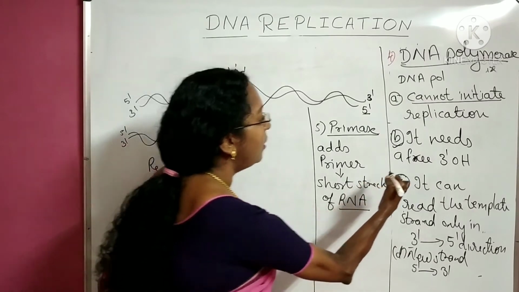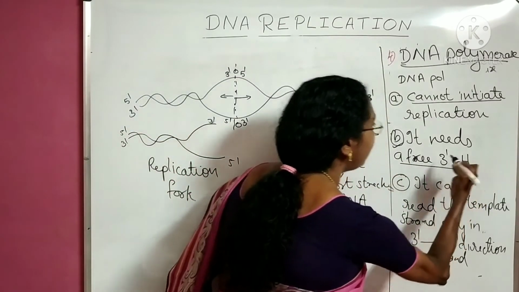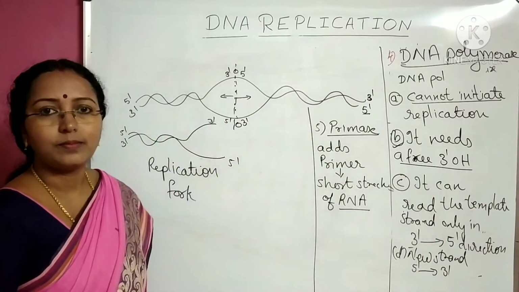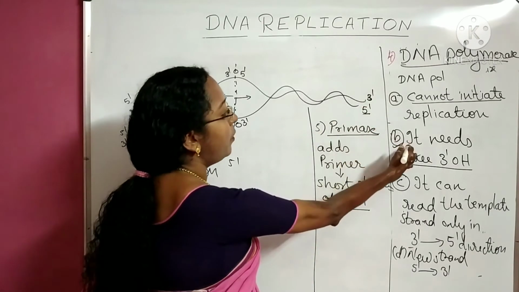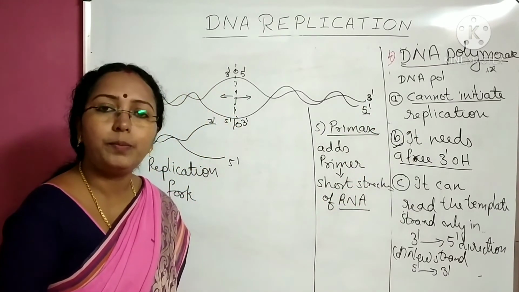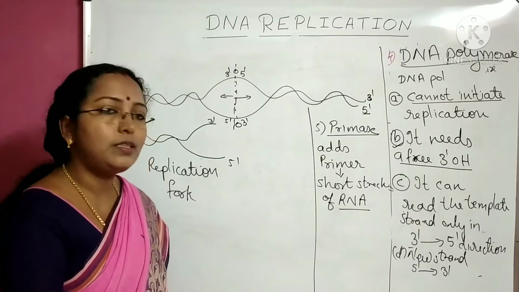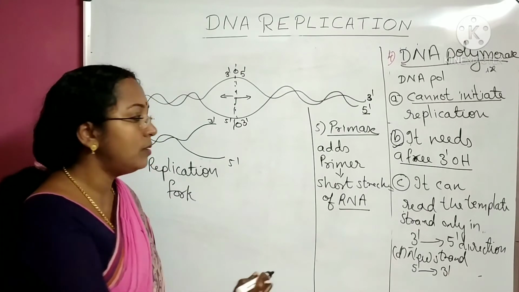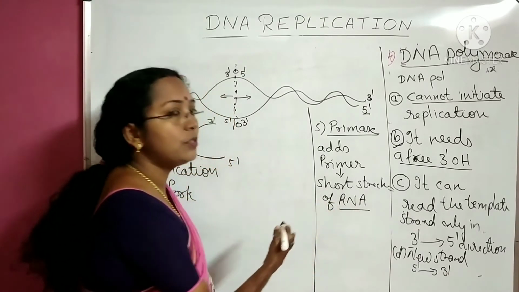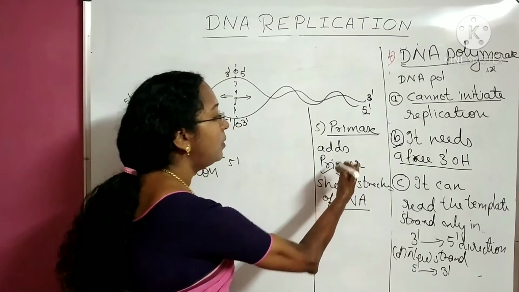This RNA provides a free 3' OH. Okay, because see, DNA polymerase needs a free 3' OH. So that free 3' OH is given by this short stretch of RNA known as the primer.